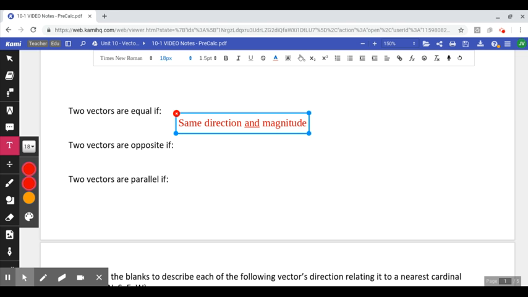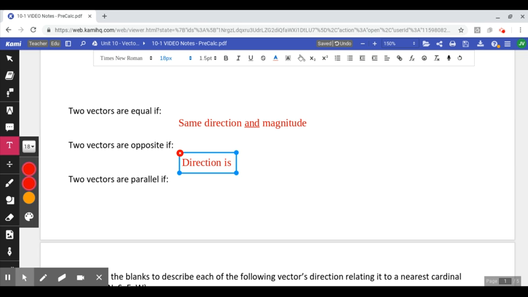Okay, what about 2 vectors that are exactly opposite of each other? The direction is 180 degrees from each other, but the magnitude has to be the same.